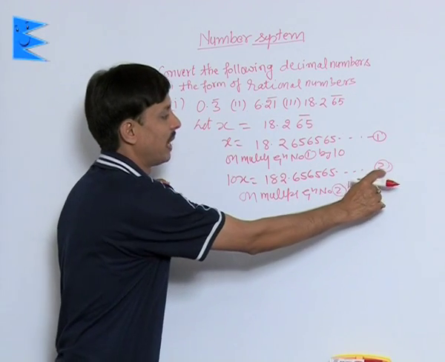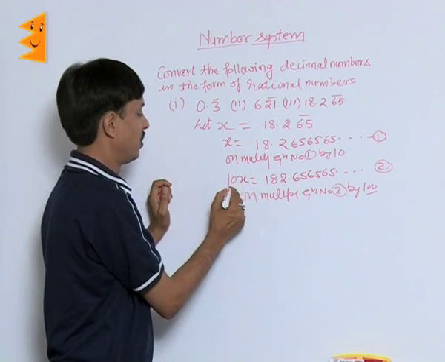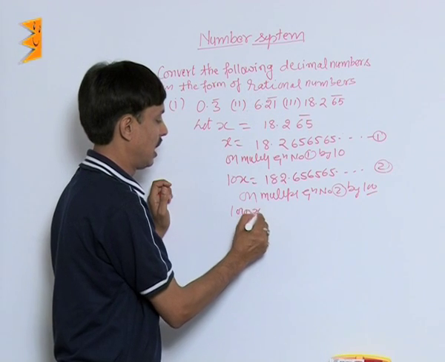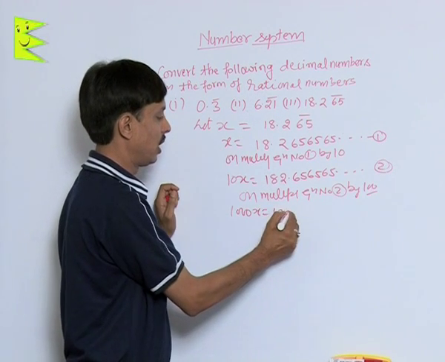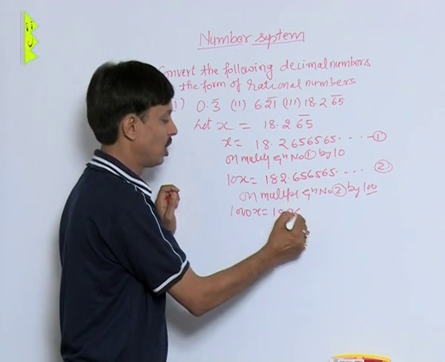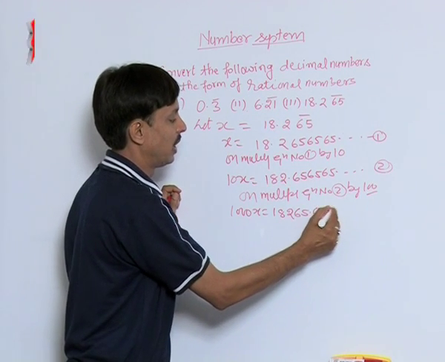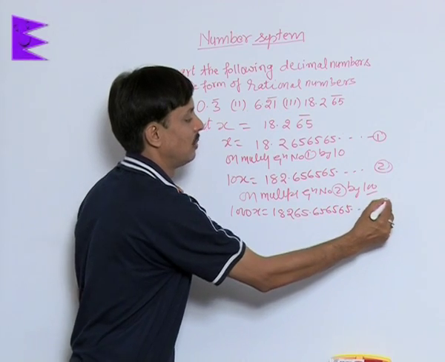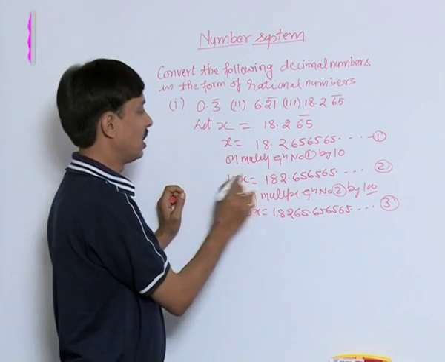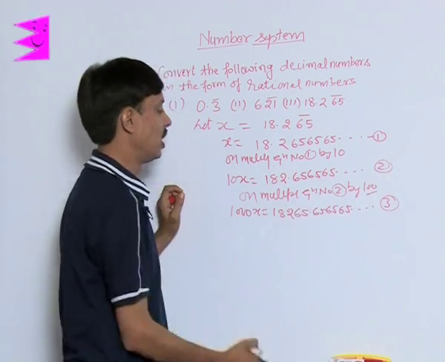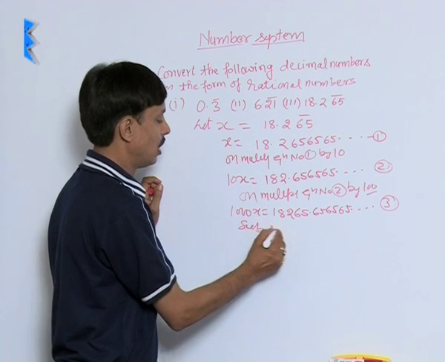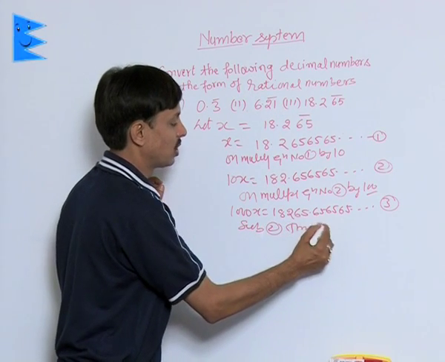So when I am multiplying equation number 2 by 100, this will be 1000x is equal to 18265.656565 dot dot dot, equation 3, because on multiplying by 100 the decimal will shift here. Subtract equation number 2 from equation number 3.